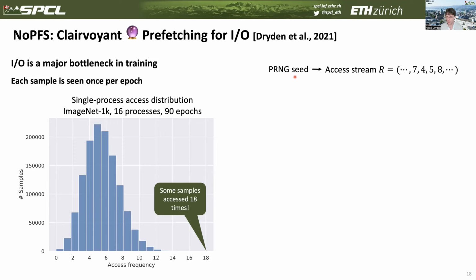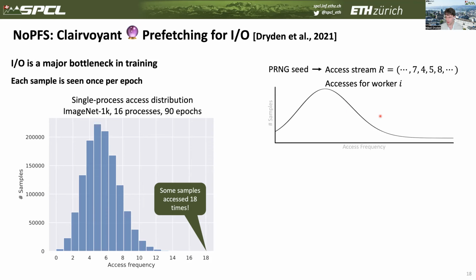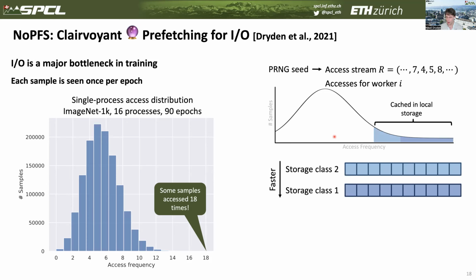So given that we know the seed, we can compute the complete access sequence over the entirety of training for every processor. And with that, we can compute this access frequency distribution. And of course, we'll see that some samples are accessed very frequently by a processor, some a little less frequently, and so on. And this is how we decide where to cache.